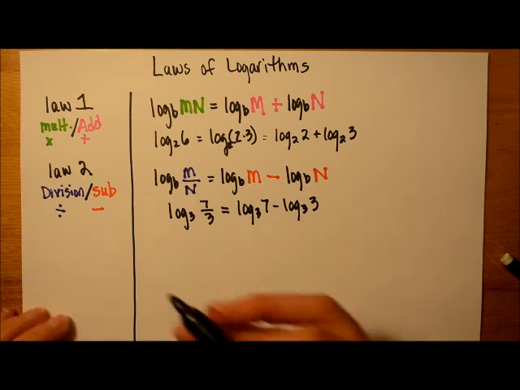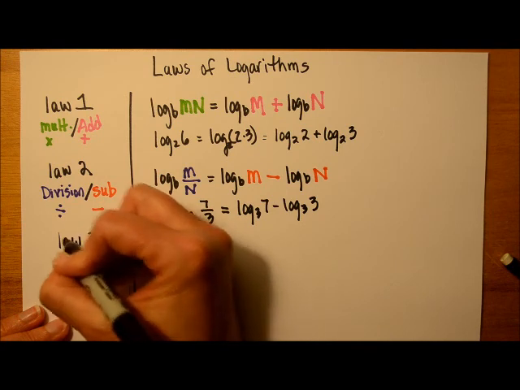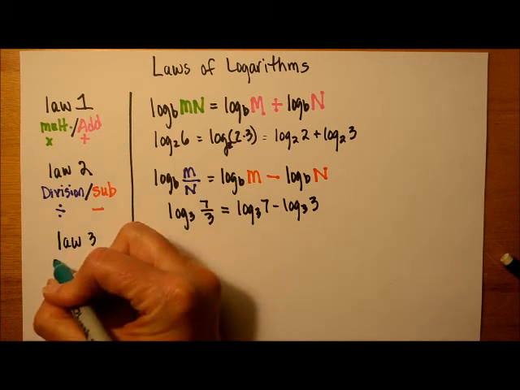The last law, law 3, is one that's used together with 1 and 2. So this one isn't used separately, it's always used together. And this one is the exponential.